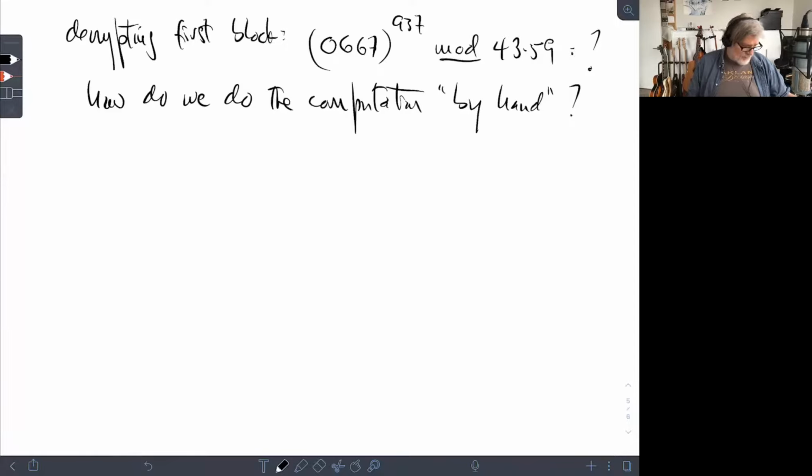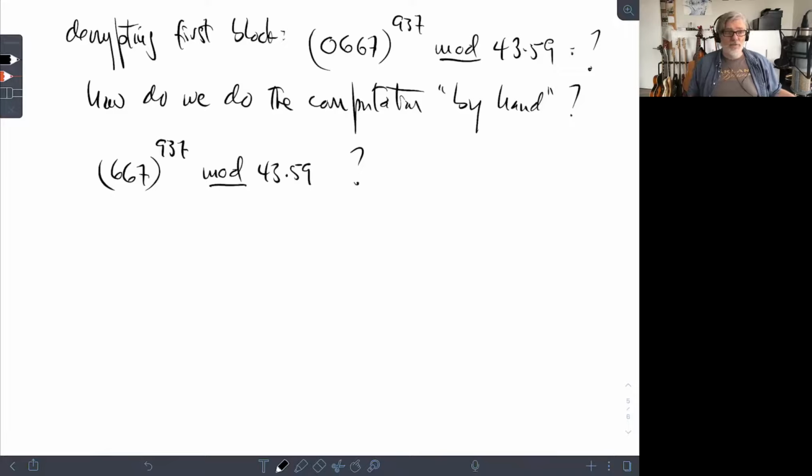So I have to compute 667 to the power 937, all this mod 43 times 59. Okay, this is what I need to compute. Now, method one is just repeated squaring, right? And reduce each time.